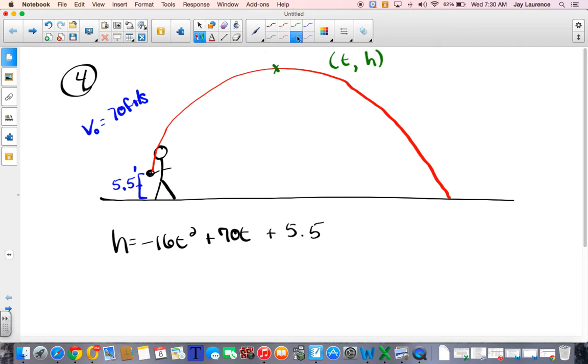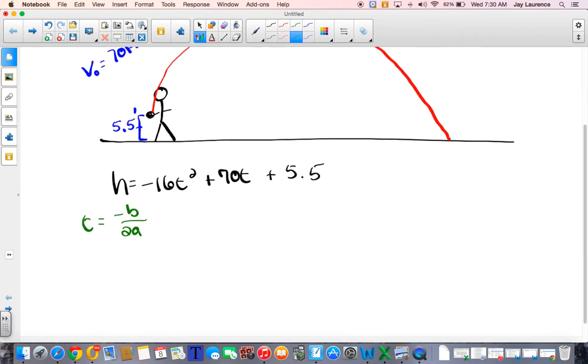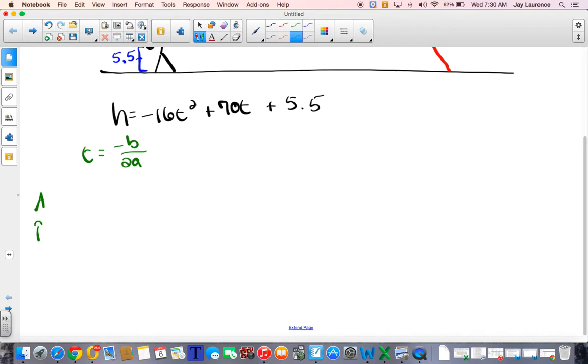If I'm looking for the vertex, I can use the fact that t equals the negative of b over 2a. All right, so a, b, c is negative 16, 70, 5.5. Let's plug in negative 70 over negative 32.